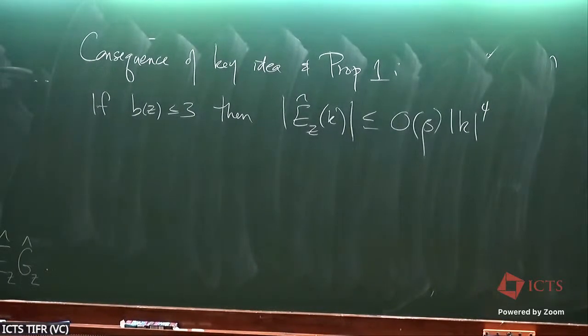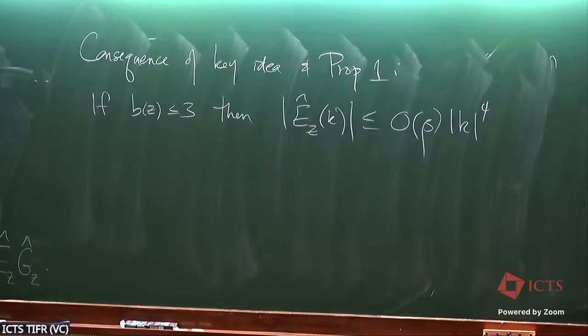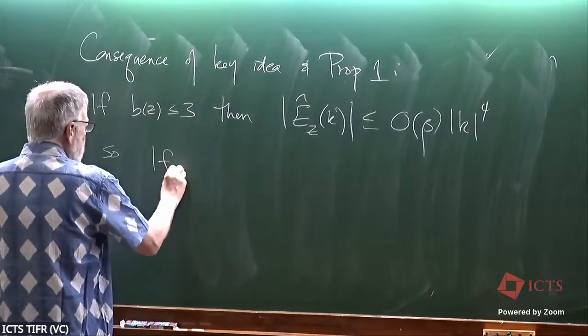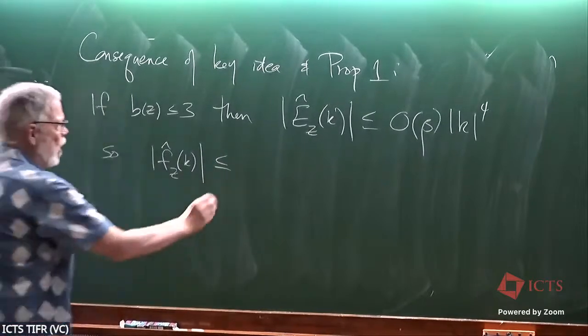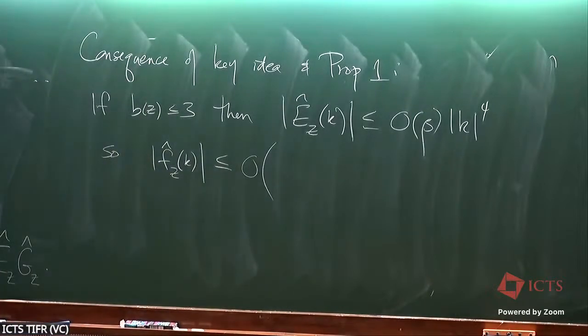Right, the order k to the 0 term is just going to be the zeroth moment of E. The k squared term would be the second moment of E as coefficient. And they're not present, so we're not going to get the k to the fourth term. So what that means is that this Fz hat of k is bounded by a constant times, well, the C obeys an infrared bound all the way up to the critical point.